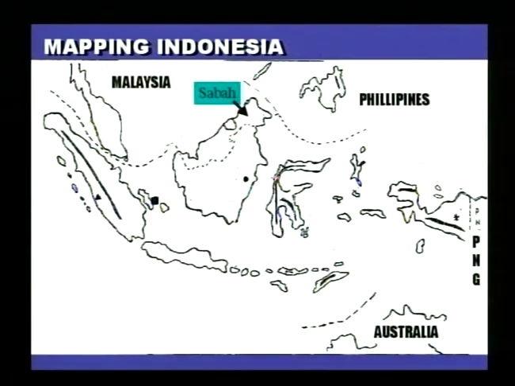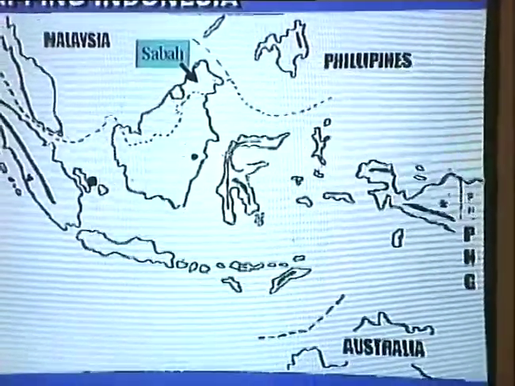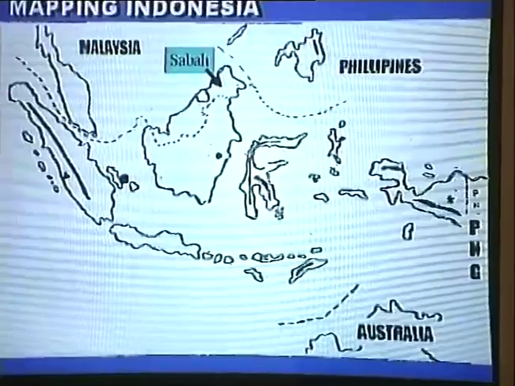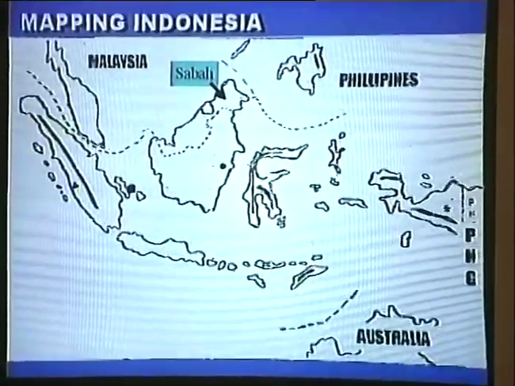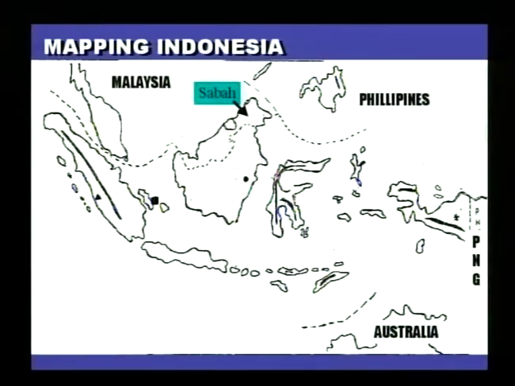Okay, we'll start off with Sabah. Sabah is on the island of Borneo, and it is the northern tip of the island where Sabah is located. So you can write that in, use an arrow to accurately plot that particular place. Okay, the next one is Sarawak, again on the island of Borneo, this section here.